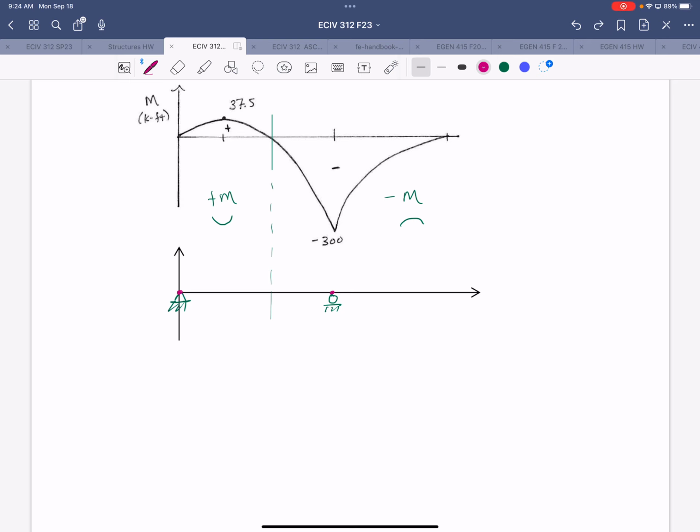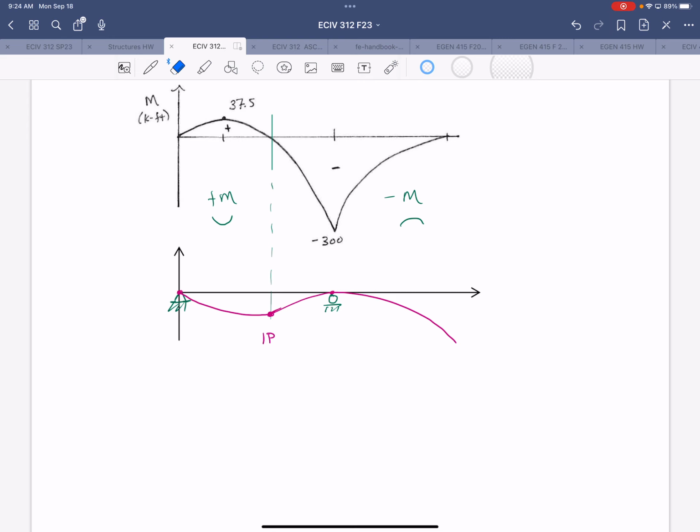All right, so we'll draw this concave up, and then here it's going to switch to concave down for the whole rest of the beam. So this point right here is your inflection point.